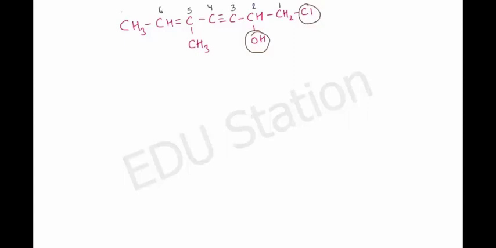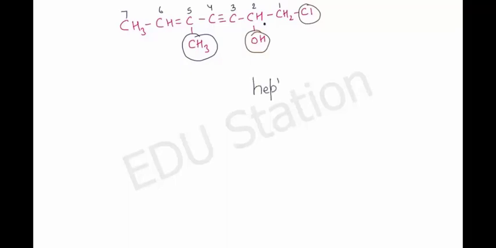A lot of students have doubt. They say this carbon should be 1, because alcohol is not a carbon containing functional group. So alcohol does not contain carbon, so you have to take a carbon chain in such a way that alcohol gets the lowest number. So this will be 1. So this is out now. 7 carbons, hept.